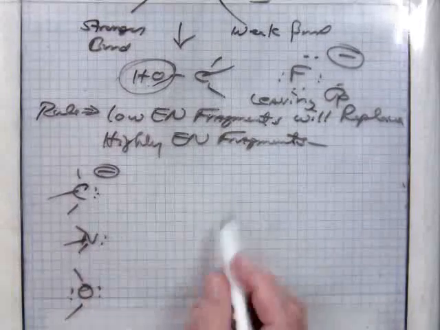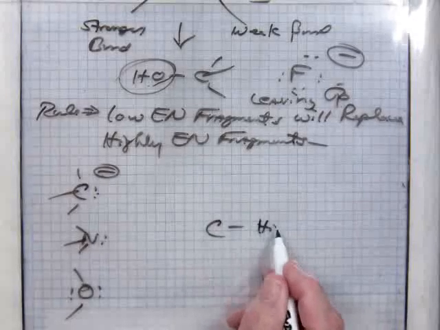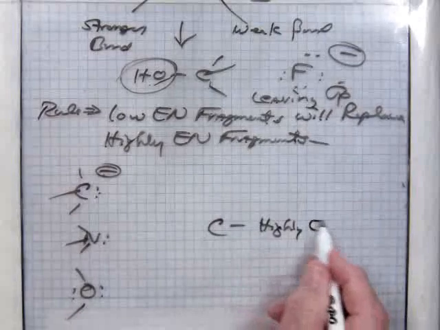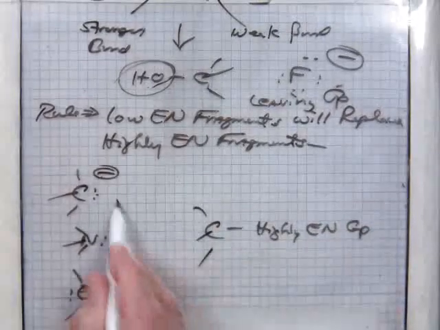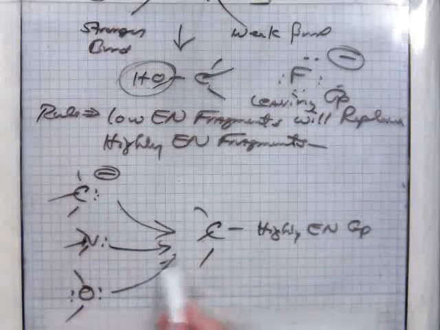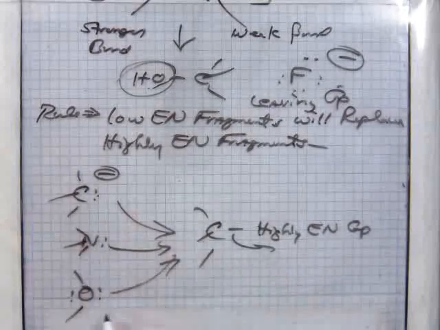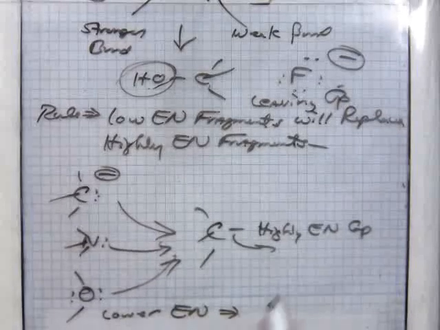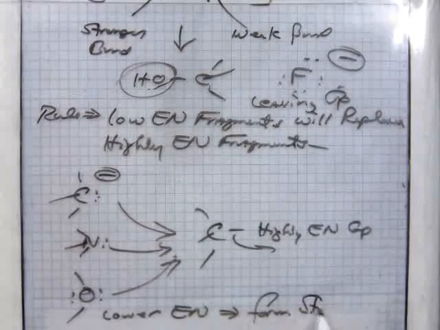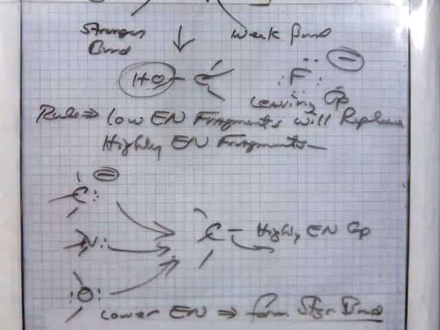And if you were trying to attack something with a high electronegative group attached to this molecule, these would go in and break that bond. They would substitute. Why? Because these lower electronegativities form stronger bonds. And that's true for all chemical reactions.